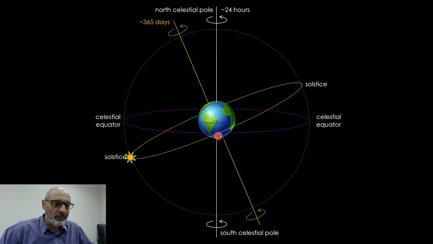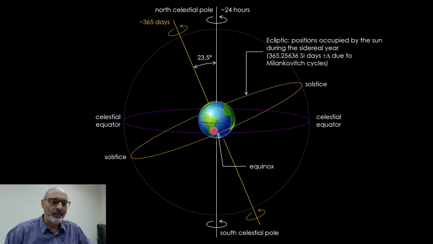The points where the ecliptic crosses the celestial equator are known as equinox. It's a point where the duration of the day is equal to the duration of the night. This axis inclination is 23.5 degrees.